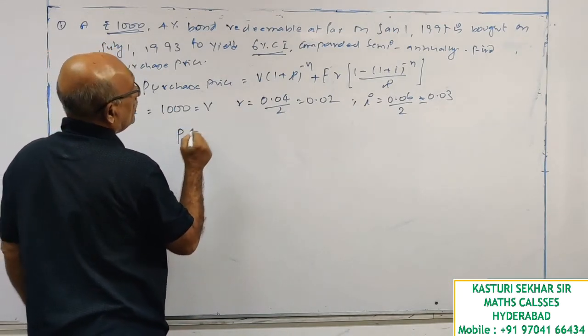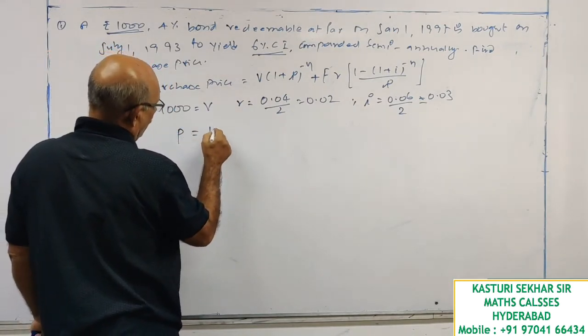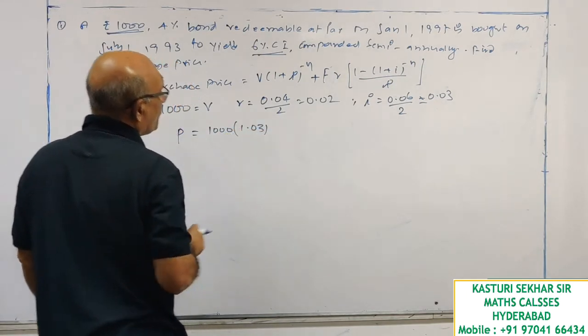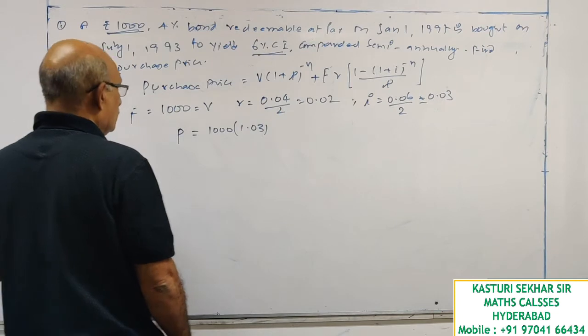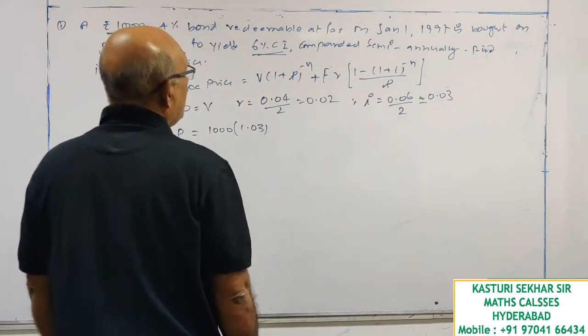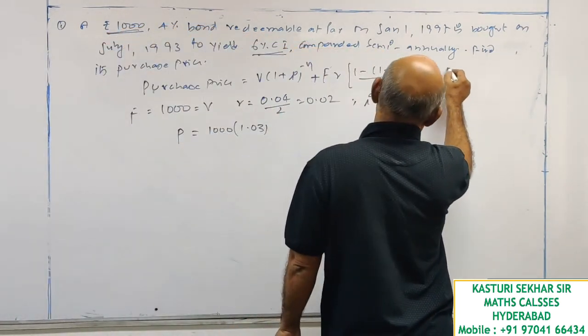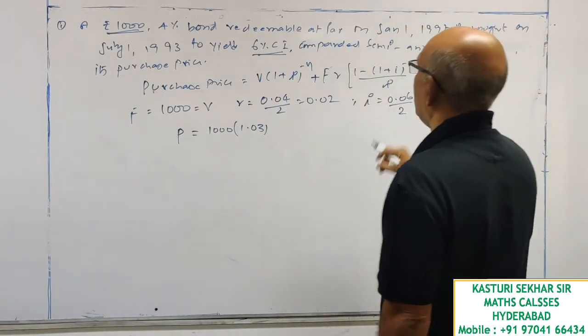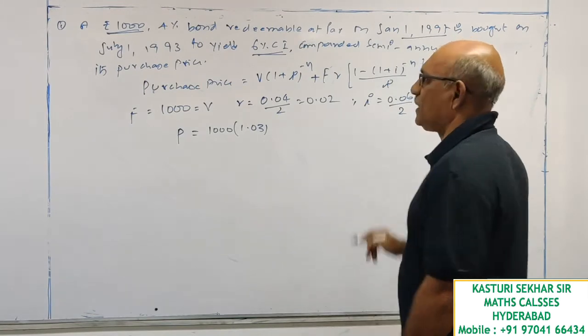Present value is equal to V, 1000 into 1.03 whole to the power time. Time you have to calculate. It is redeemable on 1st January 1997. This is the payment date.